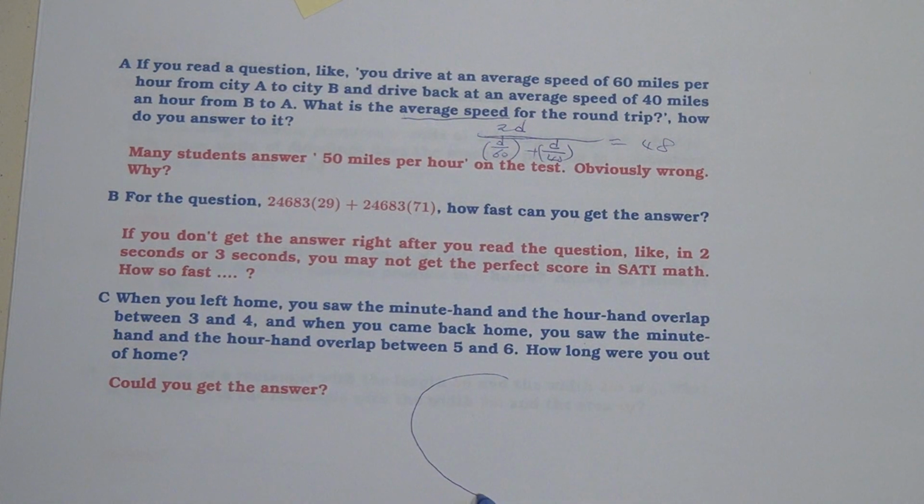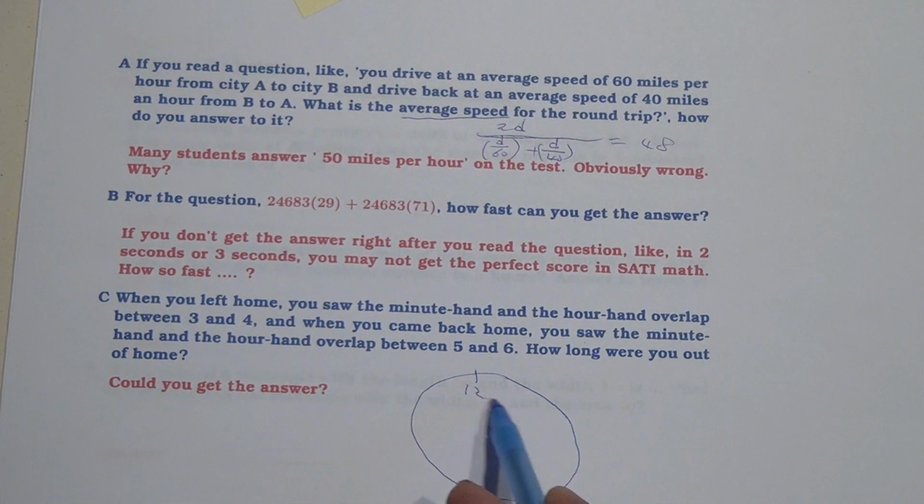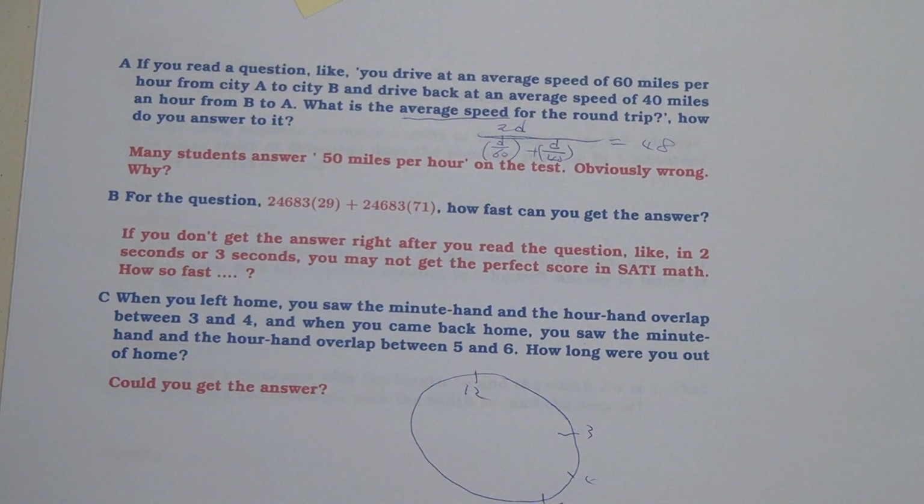Okay, when you have a clock here, this one is 12, this one is 3, and 4, 5, and 6. Then they said overlapping means the hour hand and minute hand overlap. Then you have to find out the special property of the hour hand and minute hand. At 3, the hour hand was at 3 exactly.